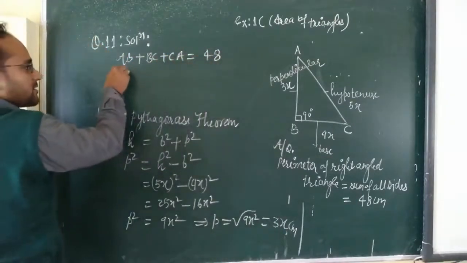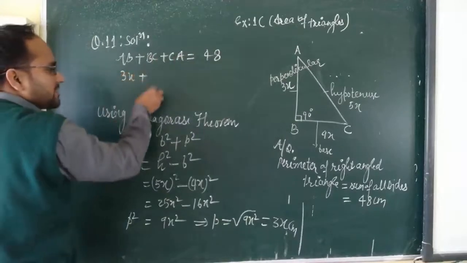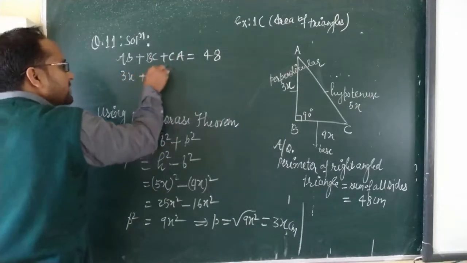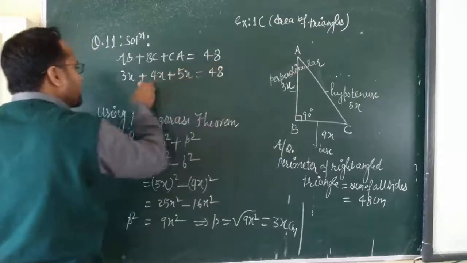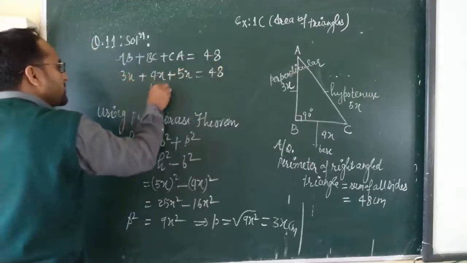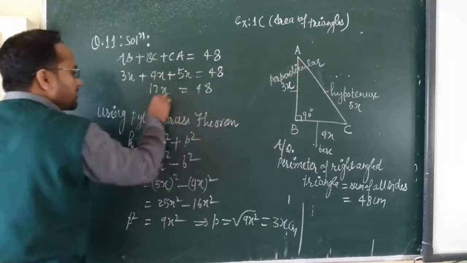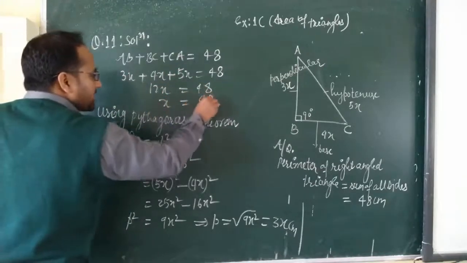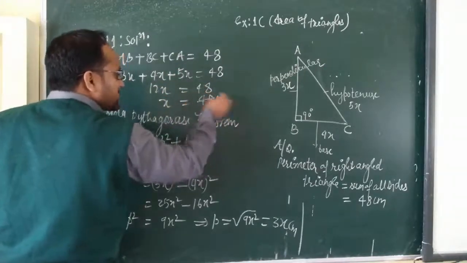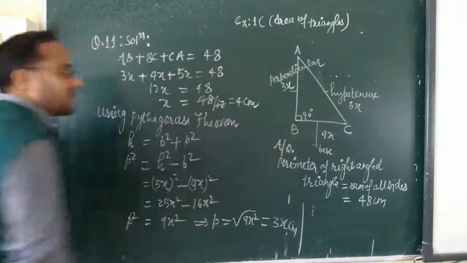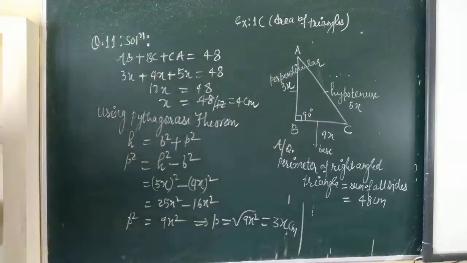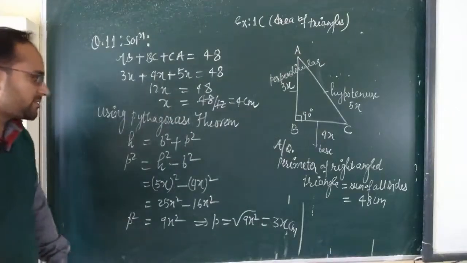AB is 3x, BC is 4x, plus 5x, is equal to 48. So 9, 10, 11, 12, 12x is equal to 48. Now x is equal to 48 by 12. If you divide this, we get 4 centimeter as the value of x, that unknown quantity.